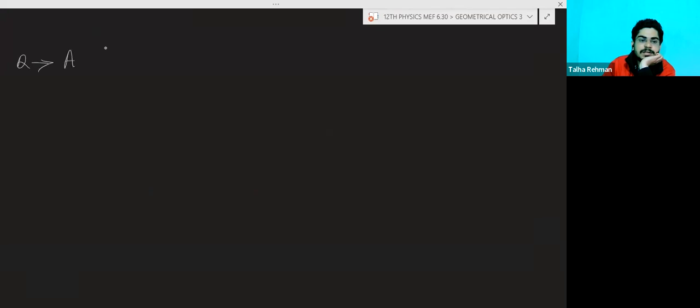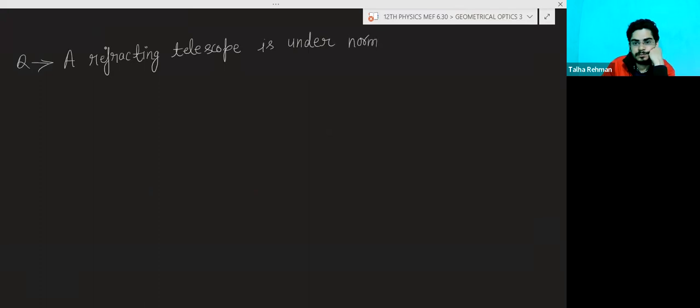A refracting telescope is under normal adjustment and its magnifying power is 5.